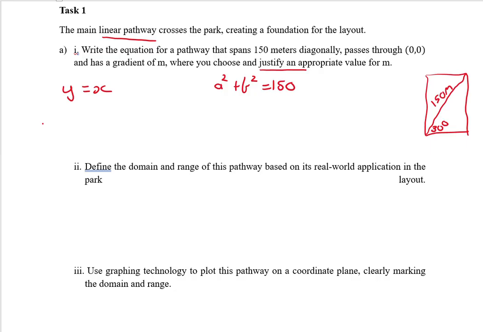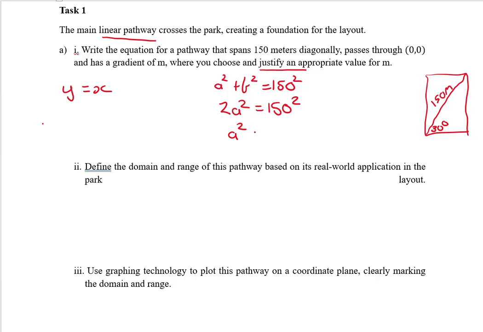I know that my domain and range are going to be the same, so I can rewrite this and say 2a squared is equal to 150 squared.